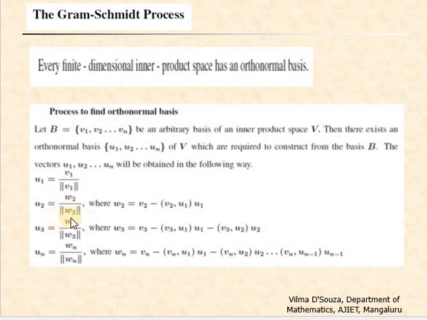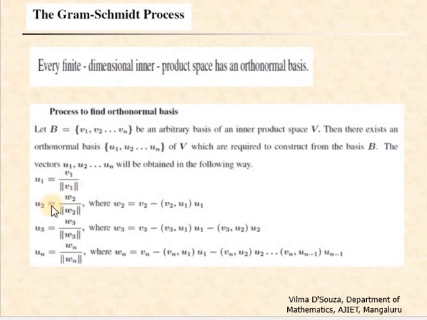You know how to find the length, but what is W2? You don't have W2 yet. Let me go back. U1 is equal to V1 by length of V1. You already have V1 to Vn, so there is no issue in finding this. It is very simple, so U1 you can find directly.